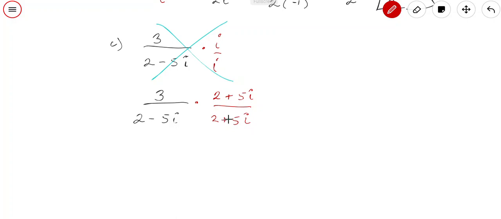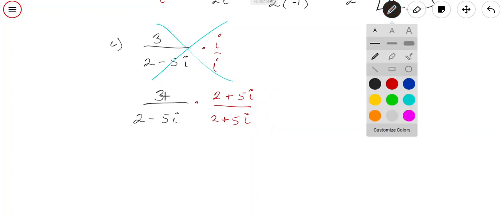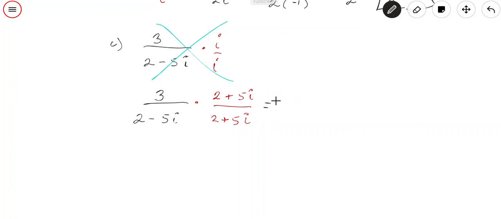When you multiply by 2 plus 5i over 2 plus 5i, you are multiplying really by 1, so you are not changing the value. Now you multiply your numerators. 3 times 2 is 6. 3 times 5i is 15i.